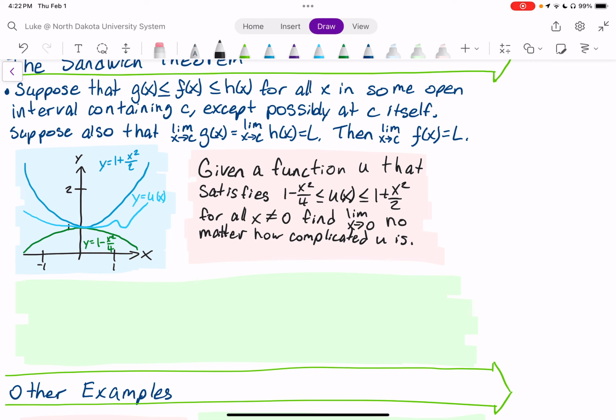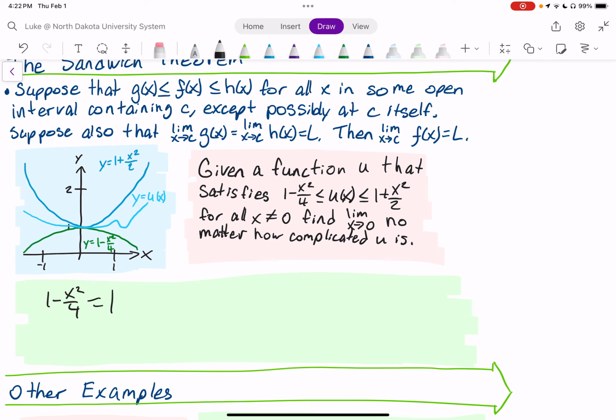The way we're going to do this problem is you just have to evaluate each side of the inequality and then decide, well, if you find that they're equal, then the middle one must also be equal. So we have 1 minus x squared over 4. We're going to put in 0 because x is approaching 0.